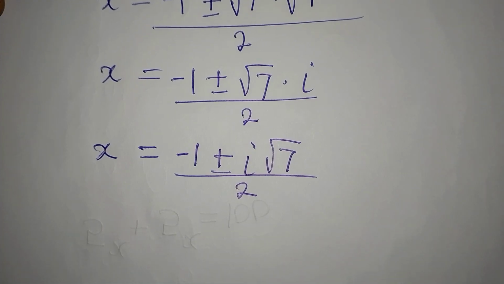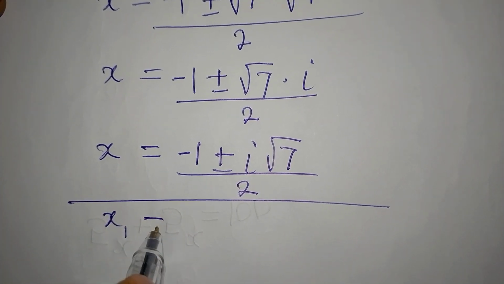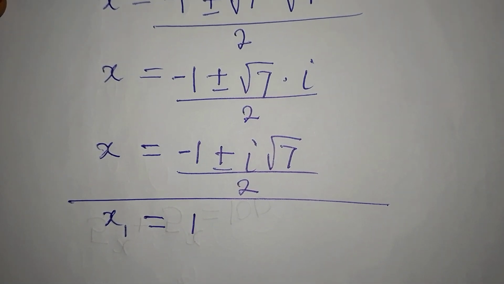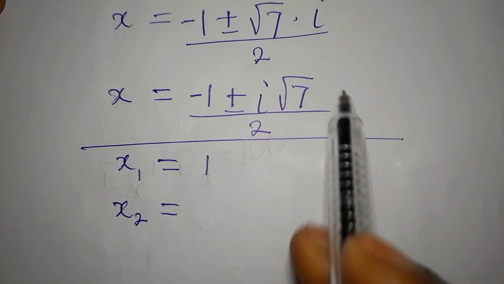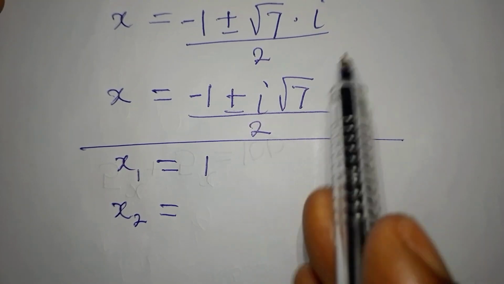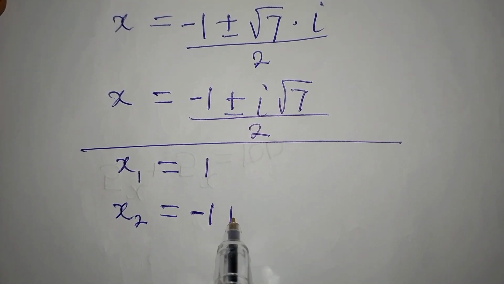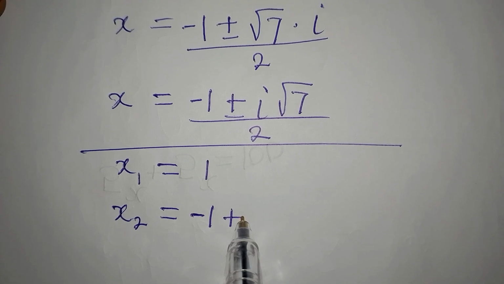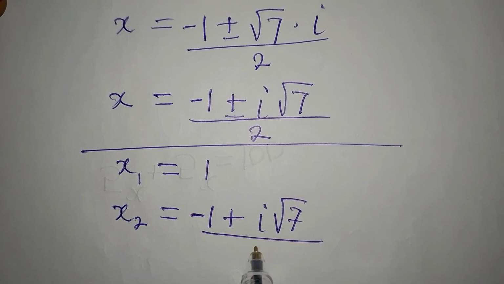So let's bring the three solutions together now. We got x1 before, which is equal to 1. And then our x2 is from here. Remember, this is plus or minus, so one will be positive and the other will be negative. So we have minus 1 plus i root 7 divided by 2.